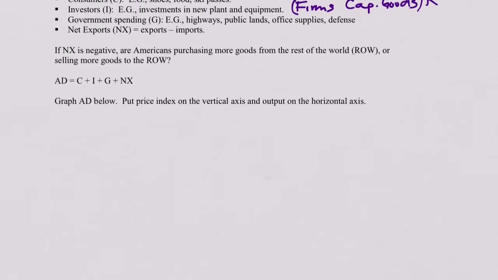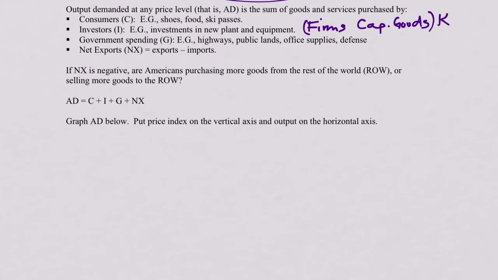So they're making investments, buying capital goods to produce goods and services with the hope to make a return on that investment. Government spending, well, the government has to maintain highways and public lands and buy office supplies and defense spending. And the net exports, these are going to be the goods that other countries buy from us, but we're going to net out what we buy from other countries, our imports.